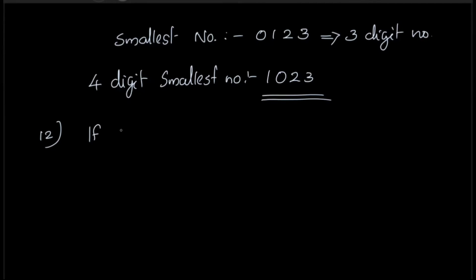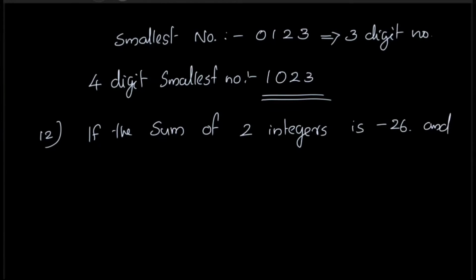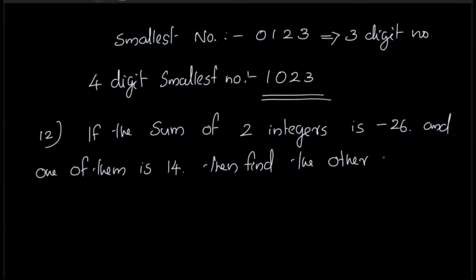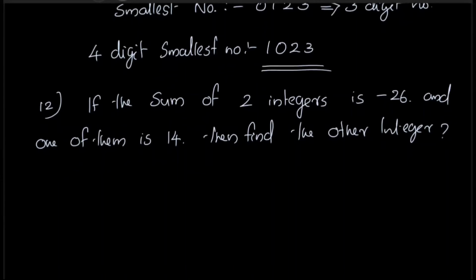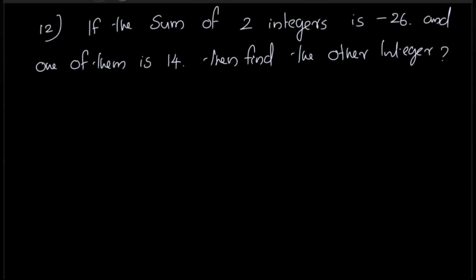Twelfth question is: if the sum of two integers is negative 26 and one of the integers is 14, then find the other number.